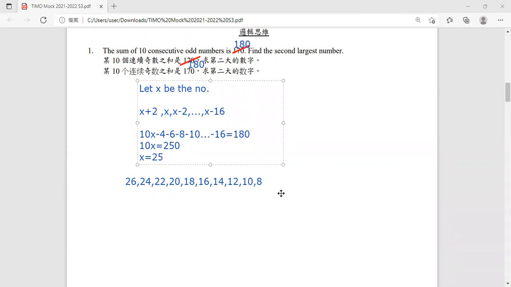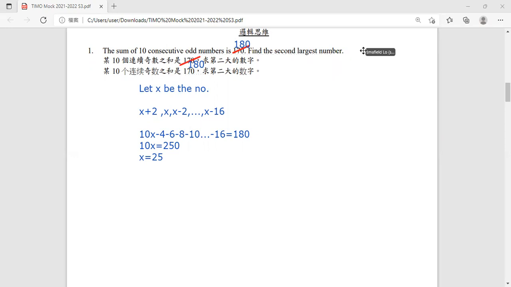Please don't concentrate on the answer. You concentrate on the method. Please concentrate on the method. Any question on this one?